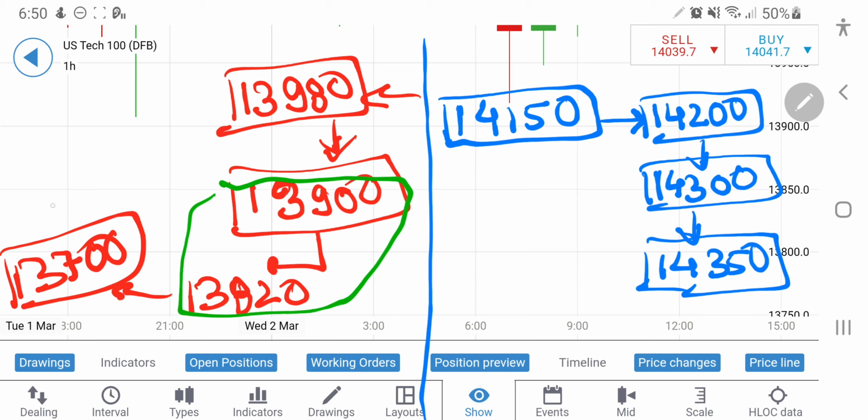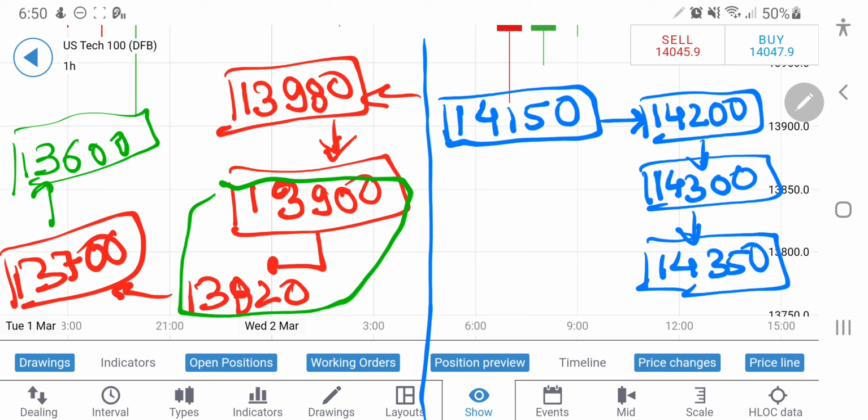Any break below this zone, it is going to look forward to a sharp drop, sharp correction. Mark my words, don't come back to me. It can drop towards 13,600 levels and 13,500 levels also. If it continues to break below 13,900, below that I am going to act bearish, and 13,820 specifically below that I am going to remain bearish, and where you can expect a good drop.